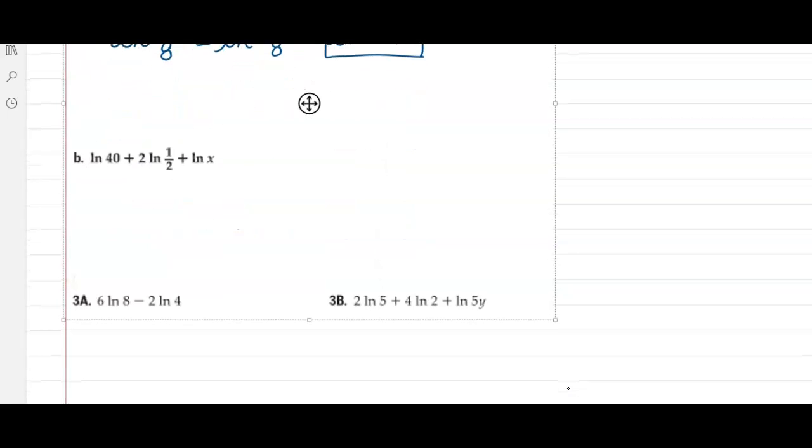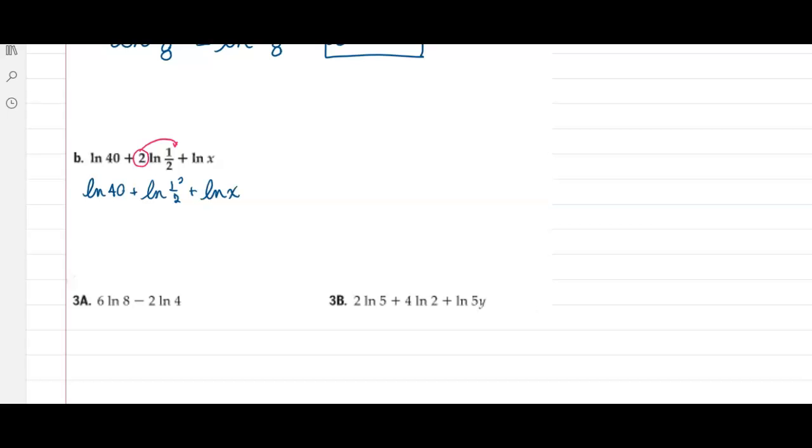Let's try the second one. First, I look for any coefficients that can become exponents. Natural log of 40 plus the natural log of 1/2 squared plus the natural log of x. All of these addition signs mean that I can express this as one natural log of 40 times 1/2 squared.